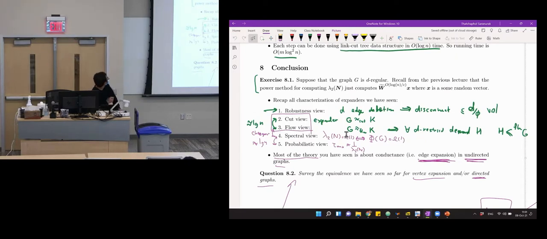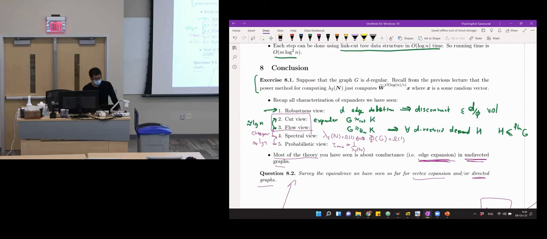So I think we're going to make some connection between the lazy random walk matrix and the power method for computing a second eigenvalue of the Laplacian matrix.